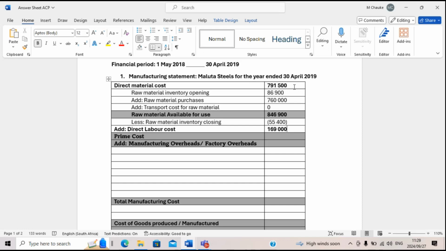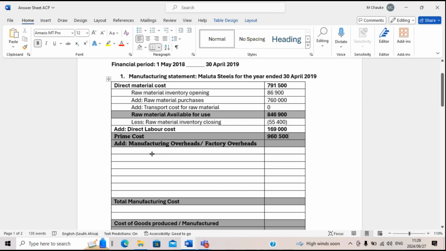To get the prime cost, you have to say direct material cost plus direct labor cost. And then you're going to get 960,500. That is our primary cost.